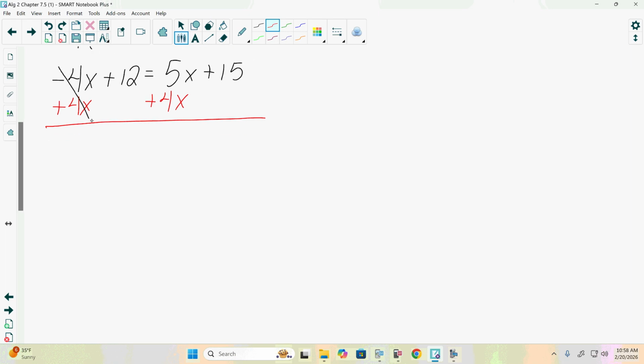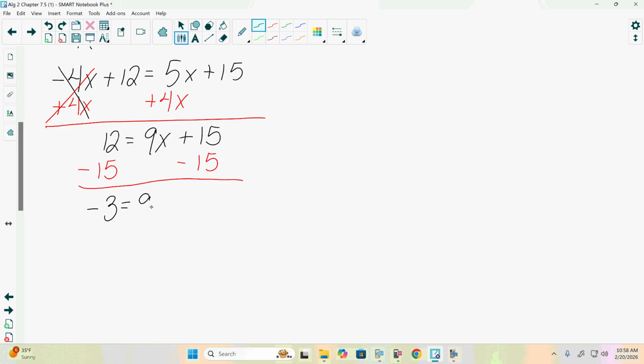Because negative 4x plus 4x is going to be 0, leaving us with 12 on the left-hand side. 5x plus 4x, 5 plus 4 is going to be 9, so we have 9x. And we still have our 15. Got to move the 15 over to the other side. 12 minus 15 would be negative 3. Equals 9x, because our 15 minus 15 would be 0.